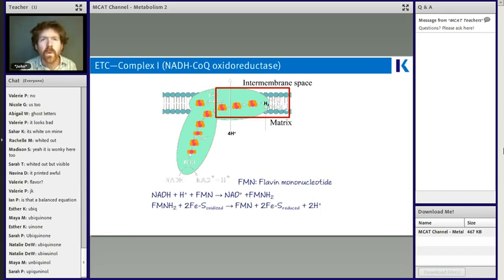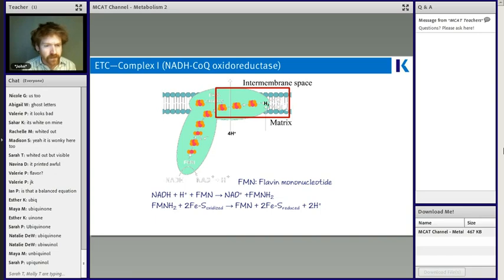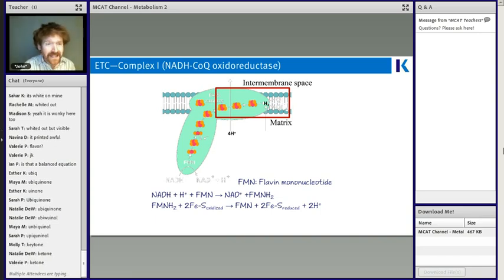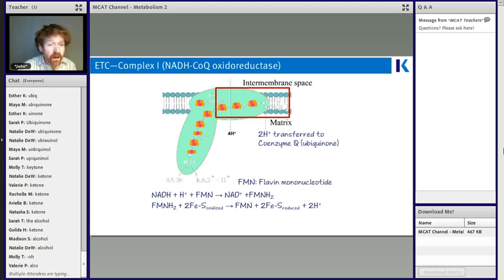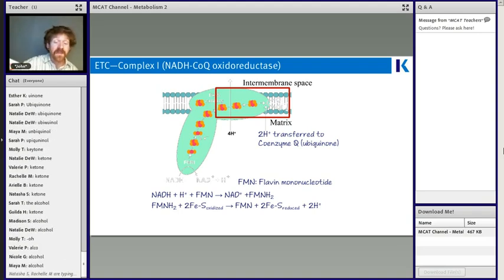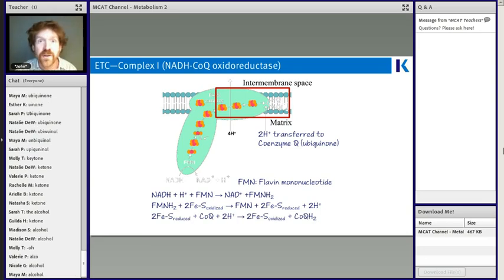If a name ends in "one," what are we thinking first and foremost? Ketone, exactly. So if you've got a ketone versus an alcohol, what's more reduced? The alcohol, exactly. That's why the oxidized form is ubiquinone, and once you transfer your electrons, or your hydrides more specifically, you turn it into ubiquinol.